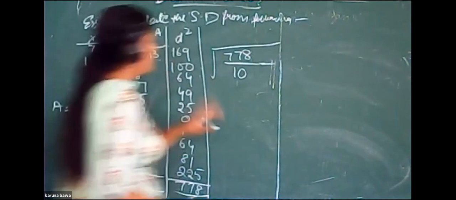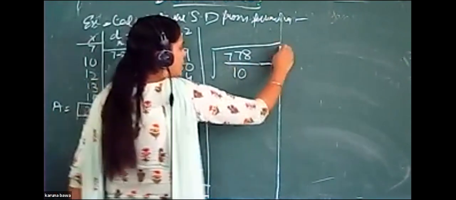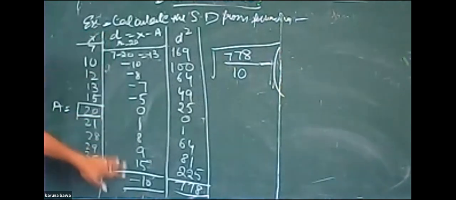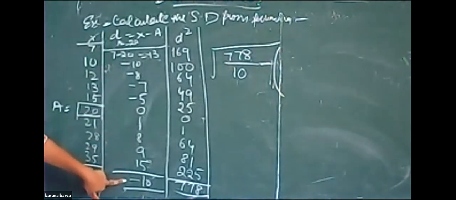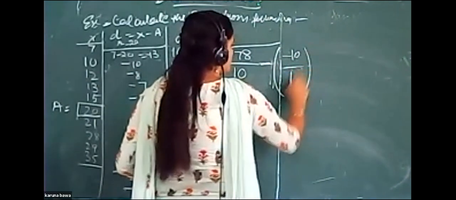Summation D square, and now we find summation D. This is the deviation total, minus 10. And n, the number of observations, is 10.